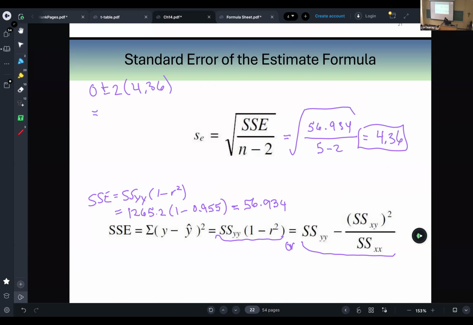And that comes to 8.72, so it will be negative 8.72 to positive 8.72. That's 95% of the errors will lie in that range.